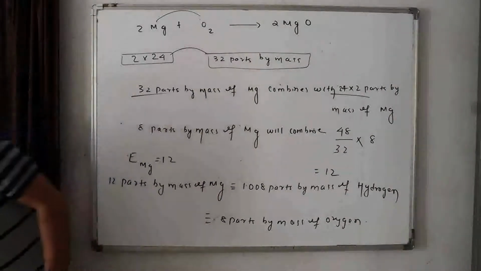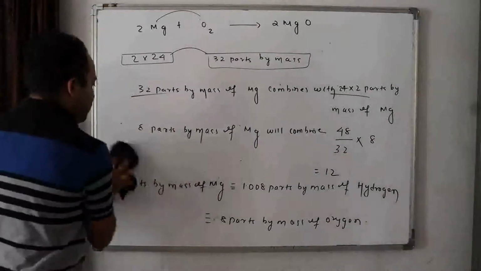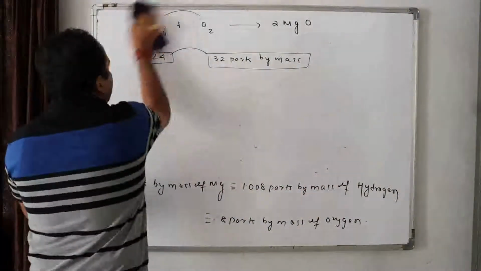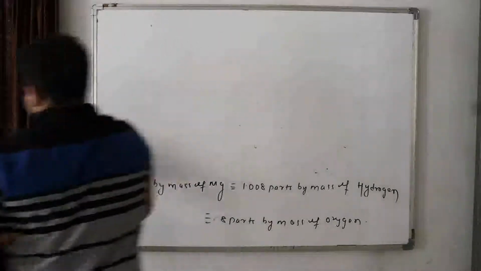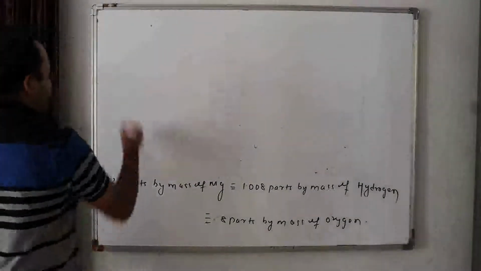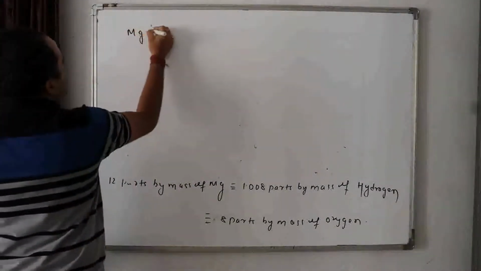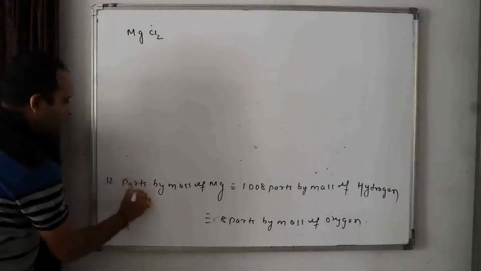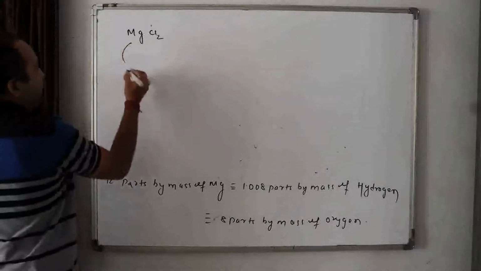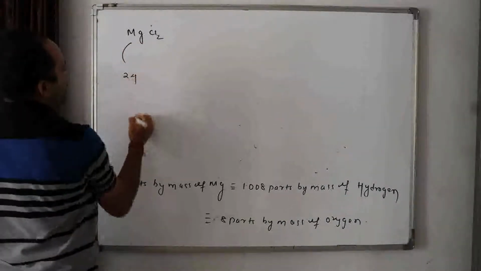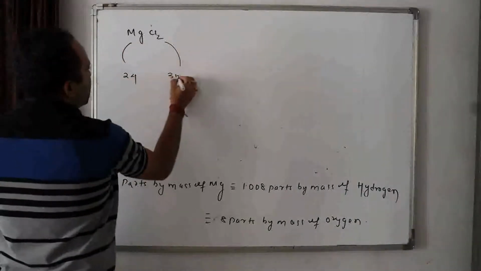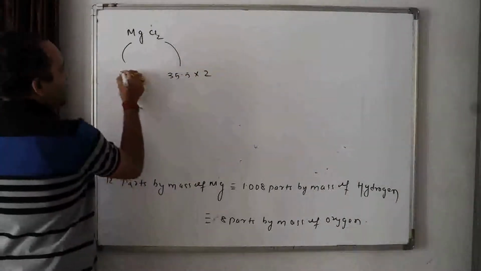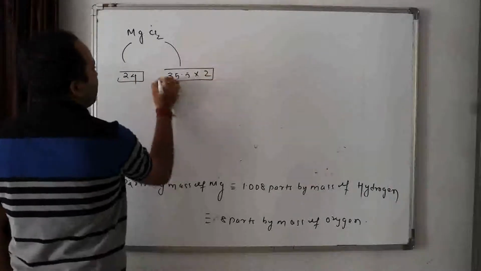One more example added to this. What is that example? Look here. If I say magnesium chloride, MgCl2, here magnesium 24 parts combines with 35.5 into 2.